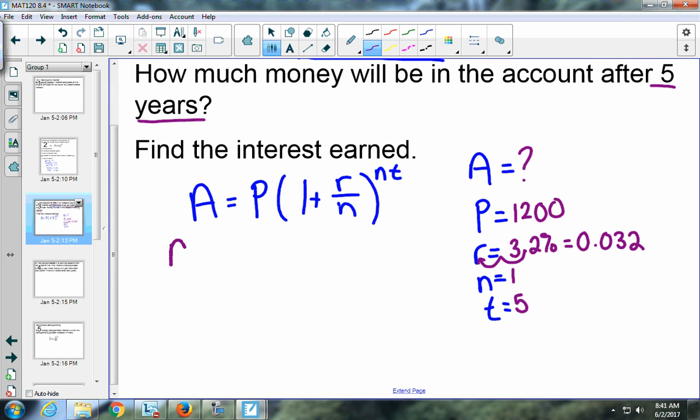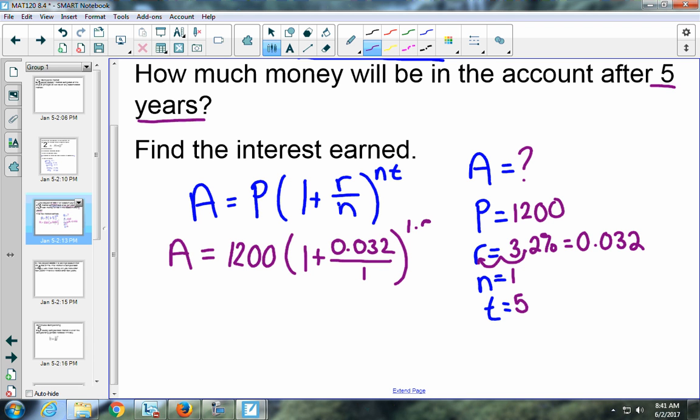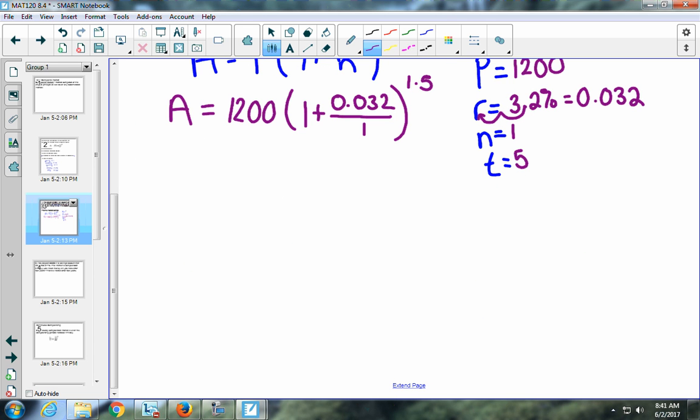I'm going to fill everything in. I have A equals 1200 times the quantity 1 plus 0.032 over 1 raised to the power of 1 times 5. When I plug that in, I'll end up with A equals $1,404.687548.